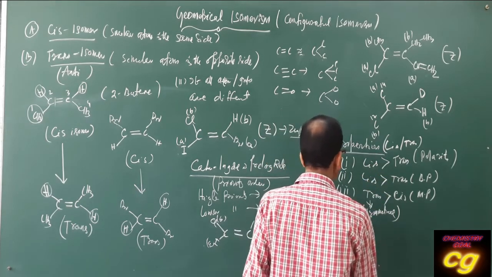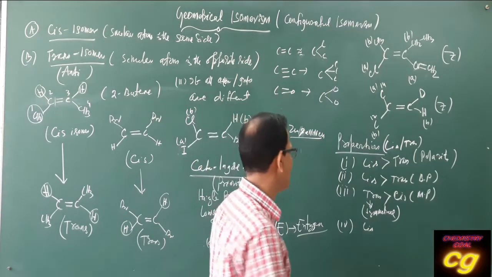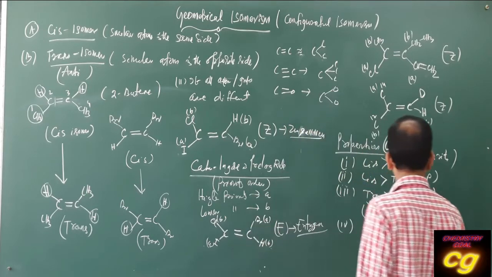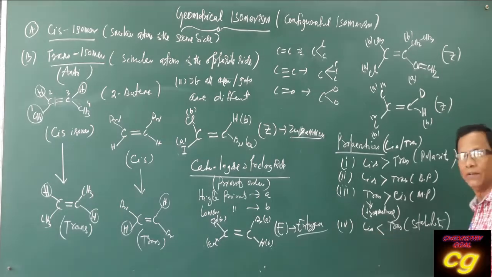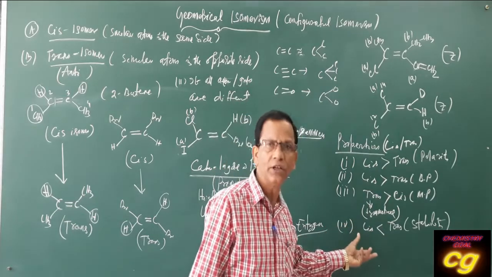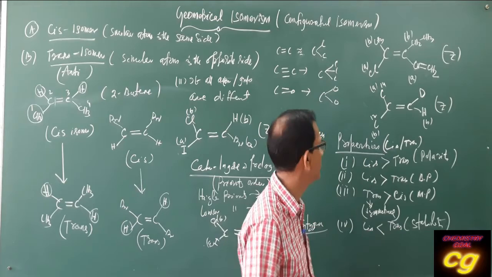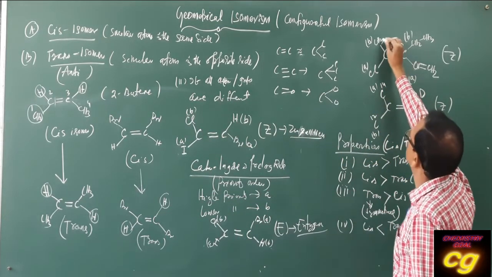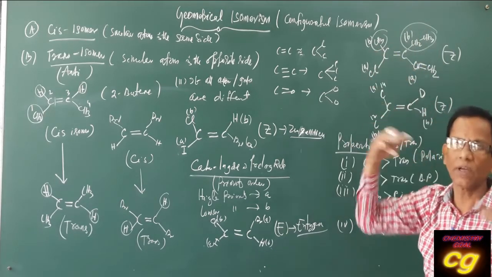When a bulkier group is attached to the double bond, then the cis isomer is less stable than the trans isomer due to steric repulsion. If the same bulky groups are there, then they undergo repulsion. Due to the repulsion, the stability decreases.